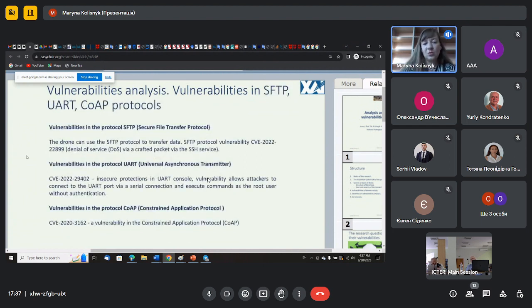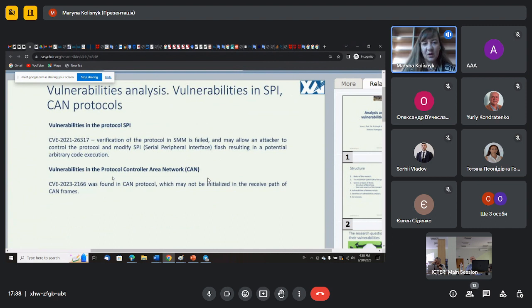Specific protocols: the secure file transfer protocol has vulnerabilities. Universal asynchronous transmitter, also the constrained application protocol, also have vulnerabilities, and we need to understand that they can provide unfunctioning of drones and successful cyber attacks.